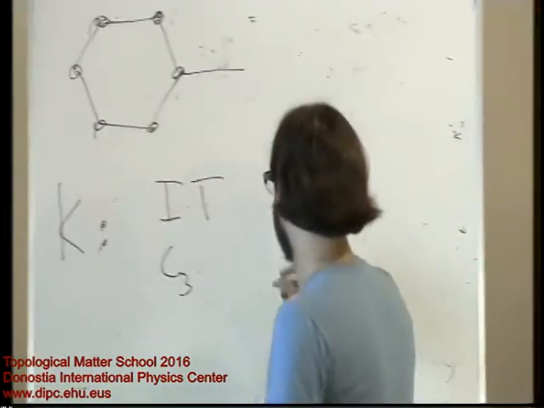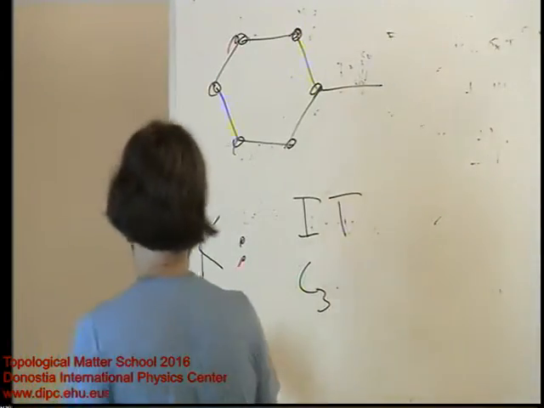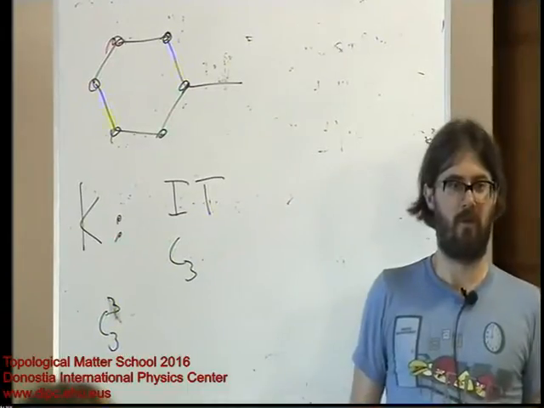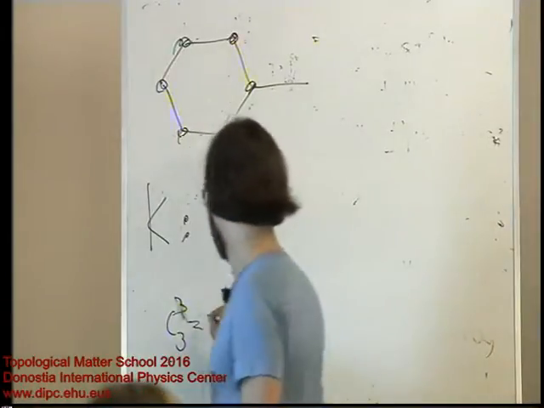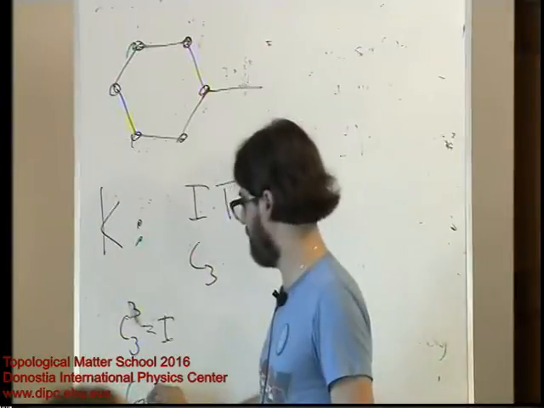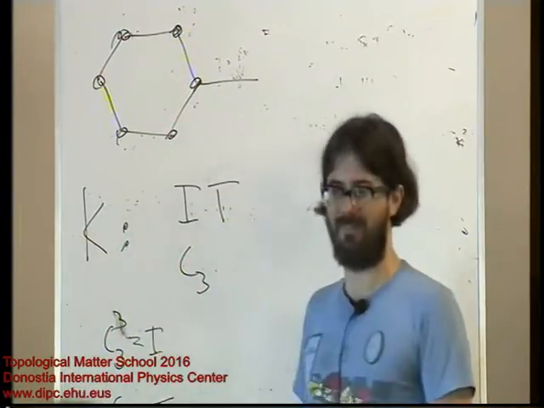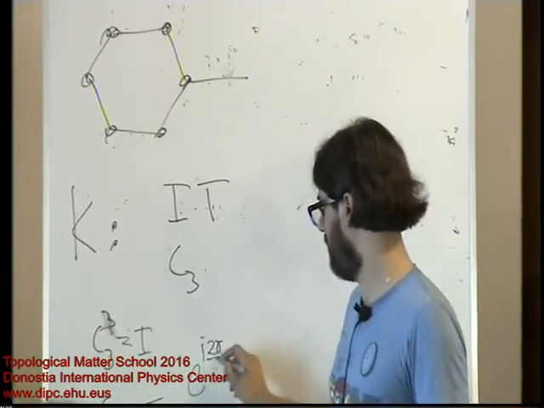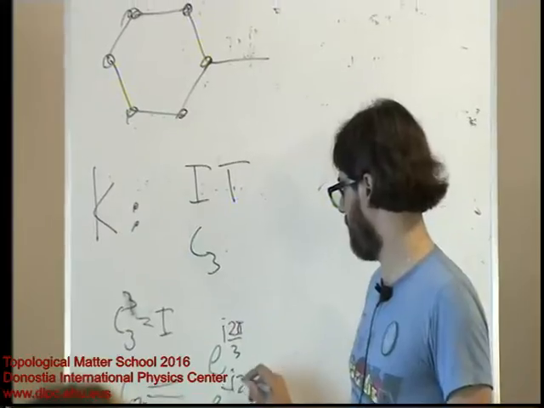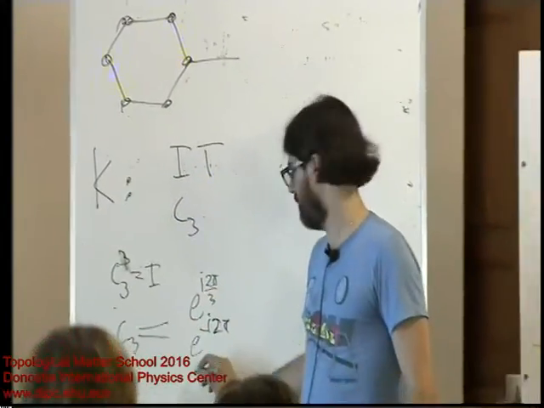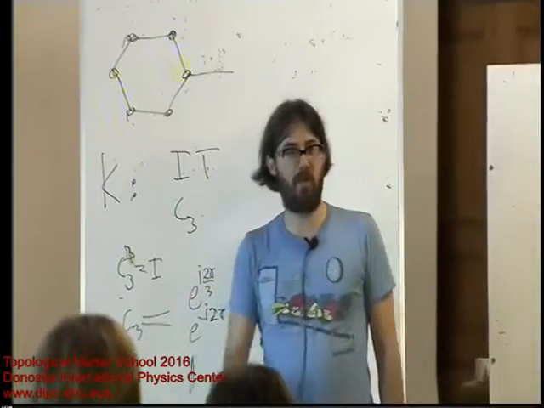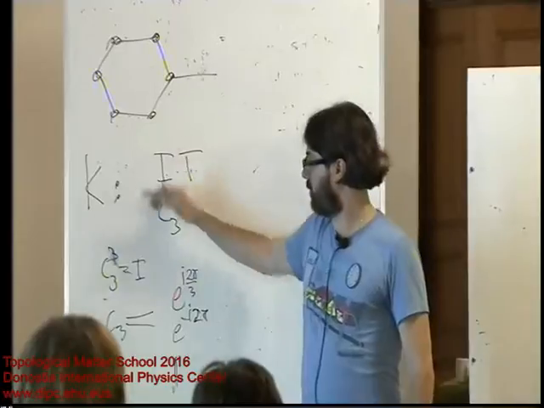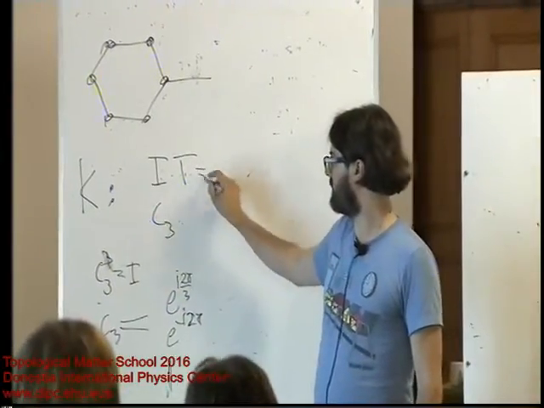Now, I am spinless, so what's C3? If I make the C3 rotation, what's C3 cubed? So what are the eigenvalues of C3? What are the possible eigenvalues of C3? e to the i 2 pi over 3, e to the minus i 2 pi over 3, and 1. Now, if I have these two groups, what did I say this acts as?